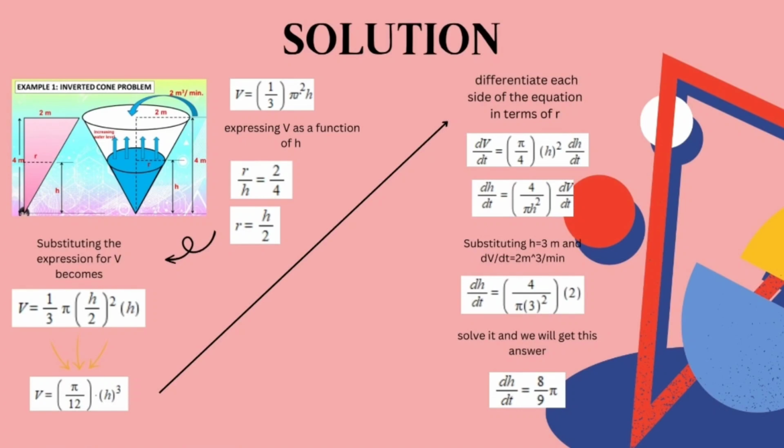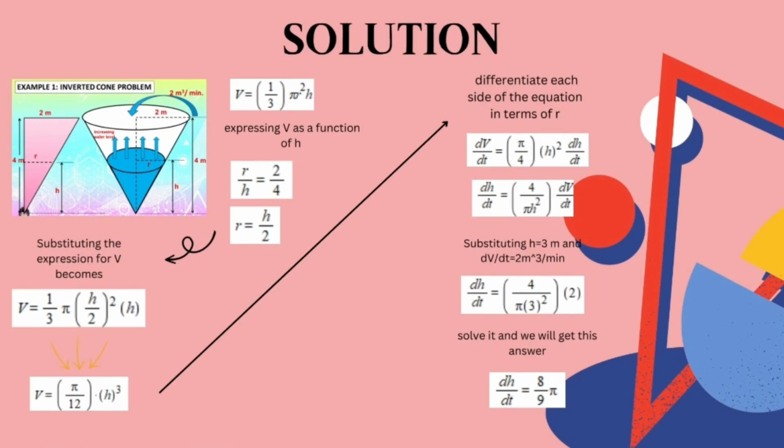Hence, expressing V as a function of h alone is very beneficial. To eliminate r, we use the similar triangles shown in the figure above. r over h equals 2 over 4. Then simplify and we will get r is equal to h over 2.